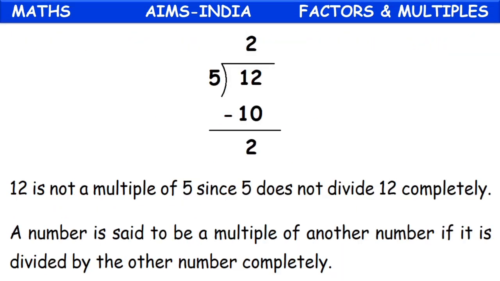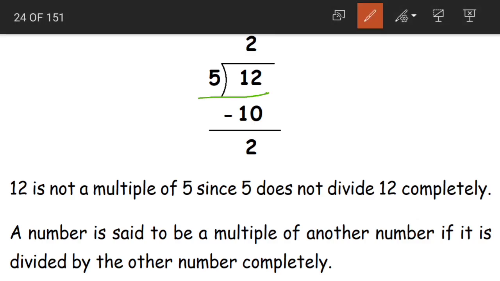Now note here, if we take 12 and 5 together, 12 is not a multiple of 5 since 5 does not divide 12 completely. If we divide 12 by 5, we have 5 2s are 10 and when we subtract, 2 will be remaining. Yes or no? So here our remainder is a number other than 0.